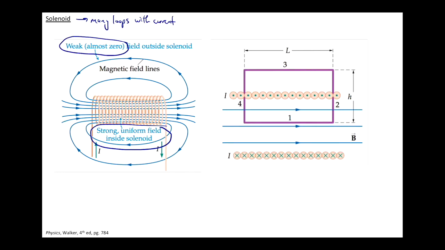In a way, this is analogous to our parallel plate capacitor, where we had a strong electric field right in between the plates and kind of nothing happening on the outside. This is the magnetic version of that. Very strong magnetic field in the middle and kind of nothing happening on the outside.